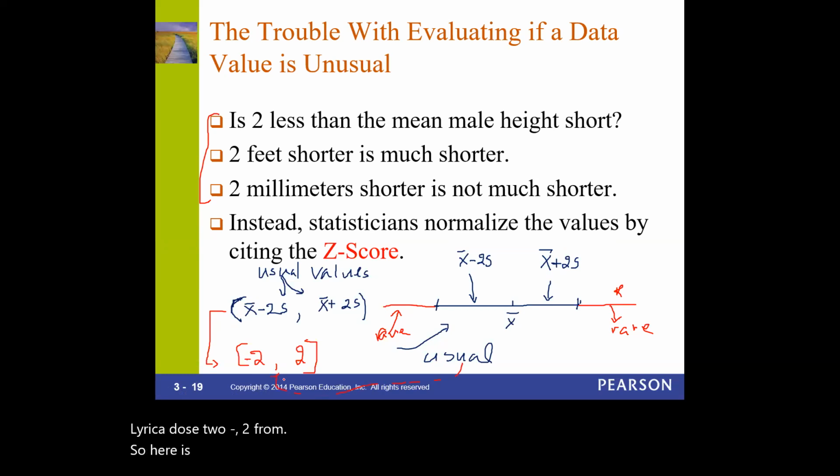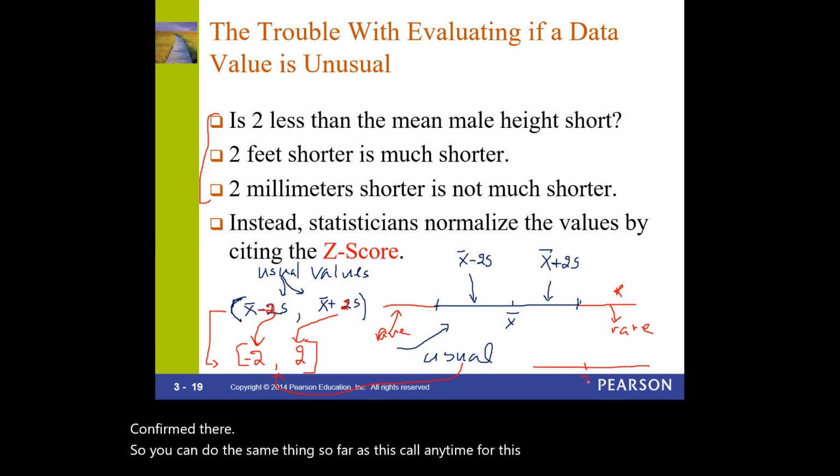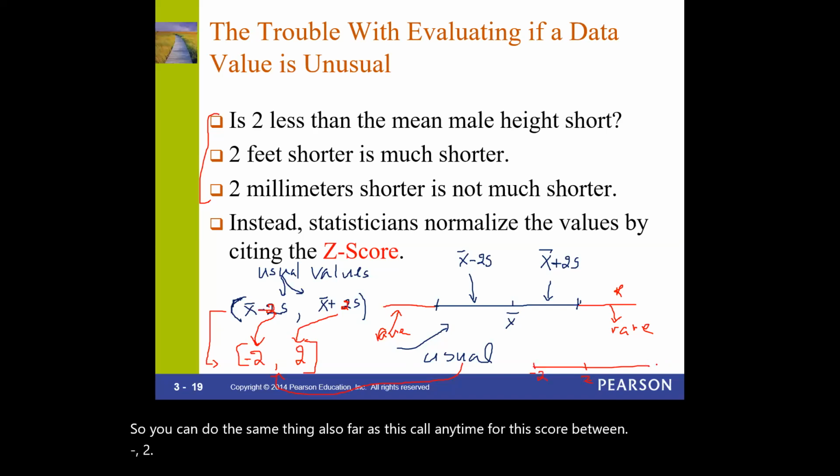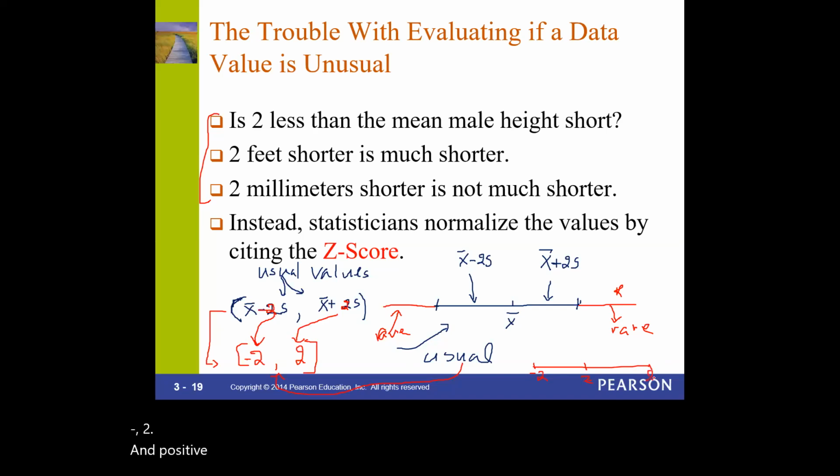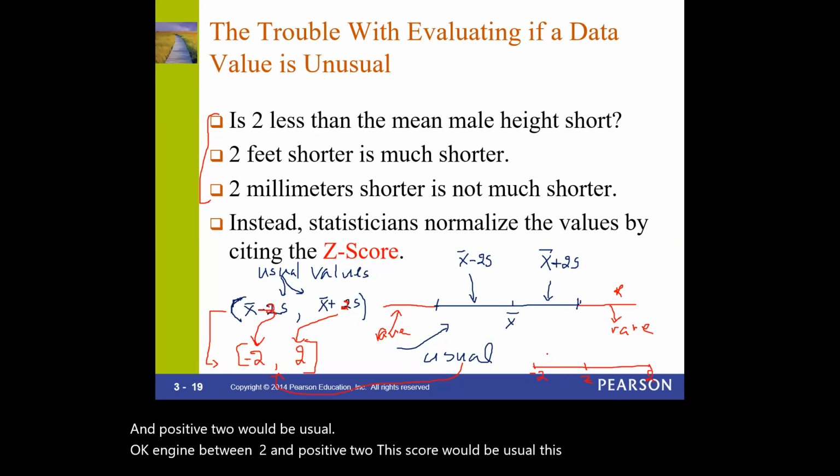Negative 2 comes from here. This is negative 2. The positive 2 comes from there. So you can do the same thing also for z-score. Anything with a z-score between negative 2 and positive 2 will be usual. This is whenever you do it for the z-score.